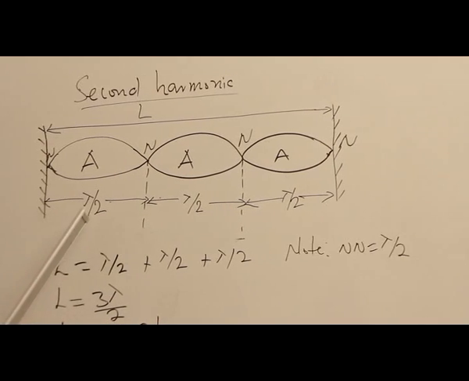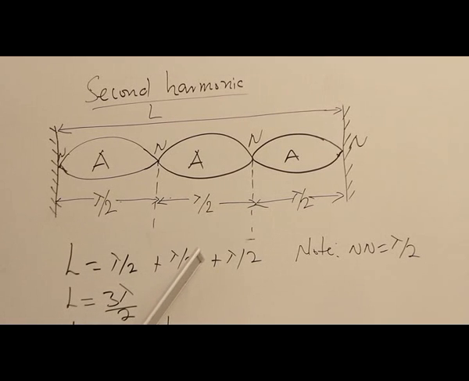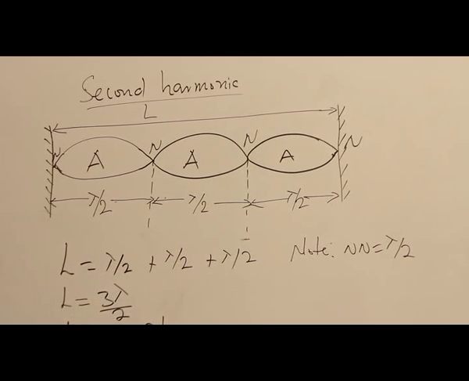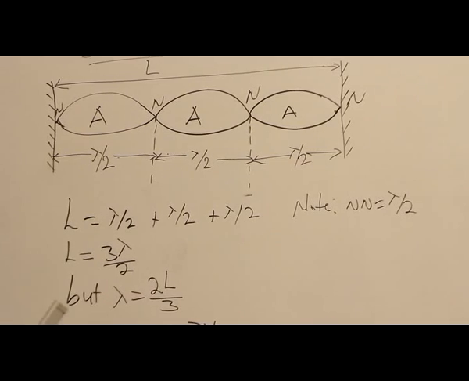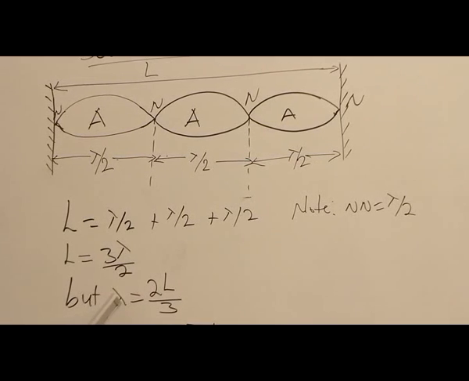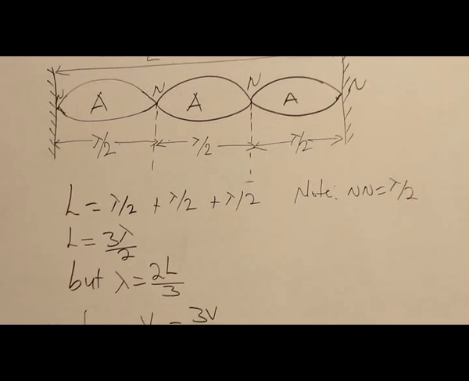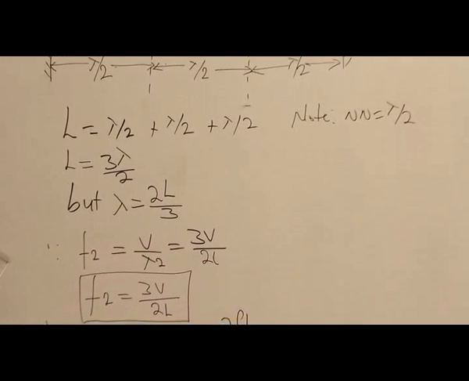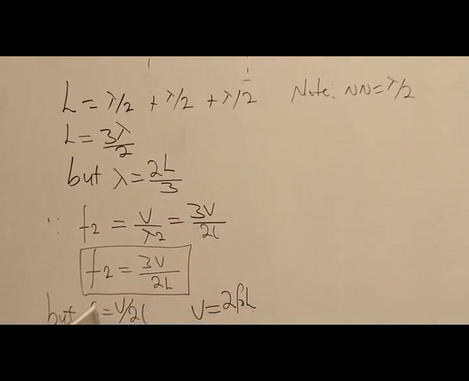Now you sum this together. Lambda over 2 plus lambda over 2 plus lambda over 2. The result is going to be 3 lambda over 2. Making lambda the subject, we have lambda as 2L over 3. Therefore, the second harmonic can now be expressed as V over lambda 2.